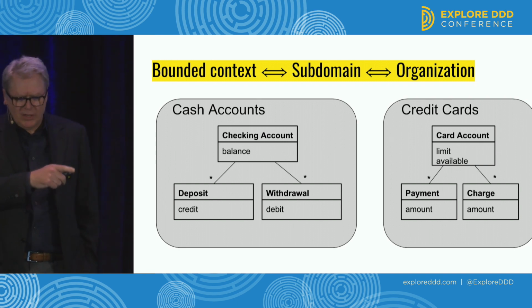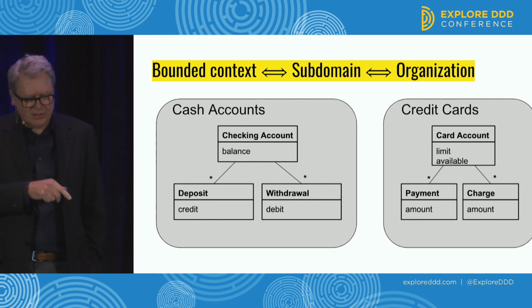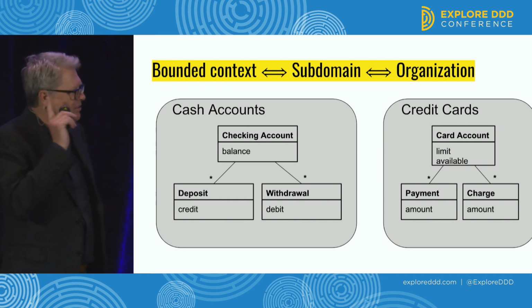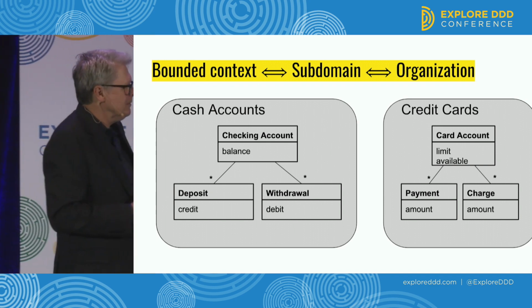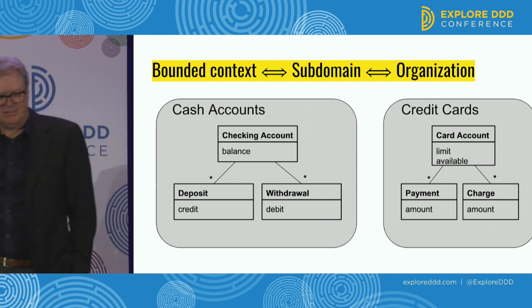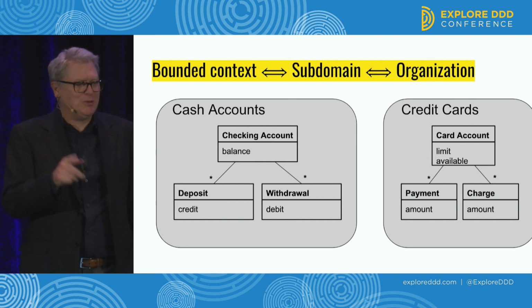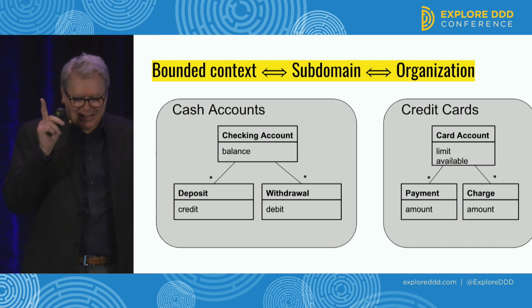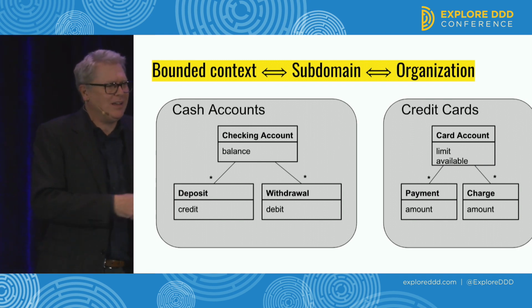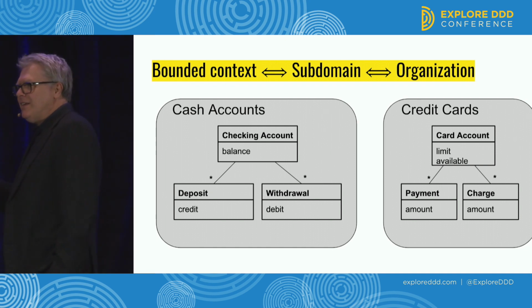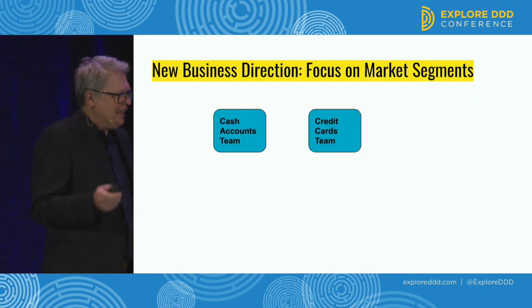What's the difference between the bounded context, which I'll say each of those is a bounded context, and each of those is also a subdomain? Also, each of those is a department within the bank. So if I can explain to you the difference between bounded context and subdomain using that example, well, that's an uphill climb. But this isn't the end of the story, because what always happens next is a reorg.